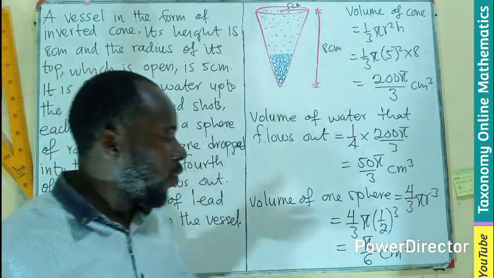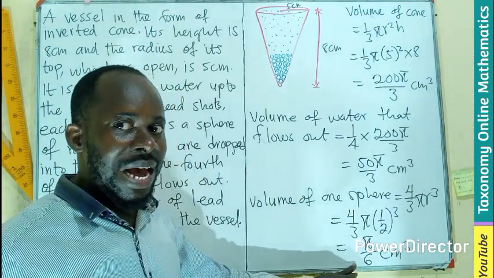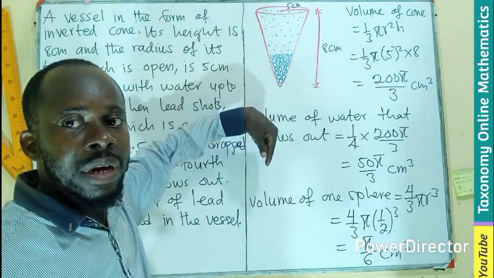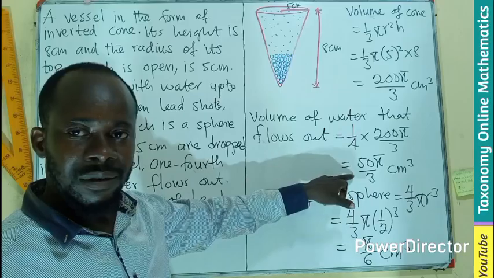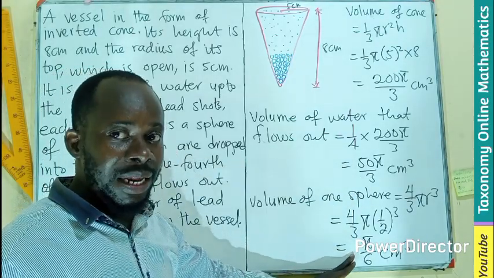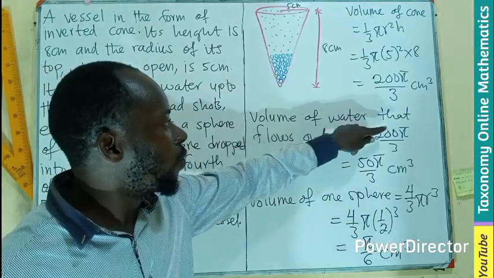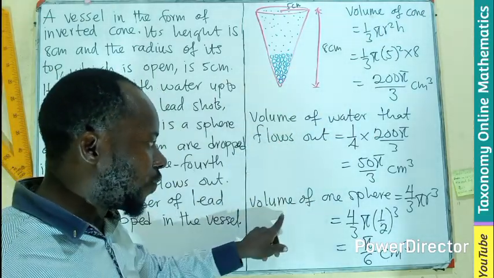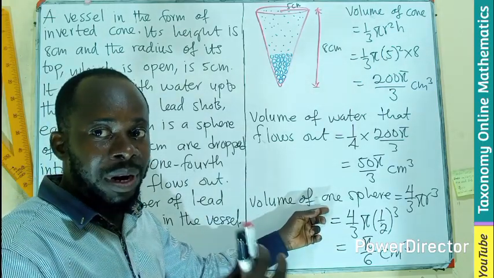So we know this is the volume of one sphere that is dropped into the cone. A certain number multiplying this should give us the volume of water that overflowed. Don't forget, the volume of water that flows out equals the volume of all the spheres, not one, all. So how many are they?